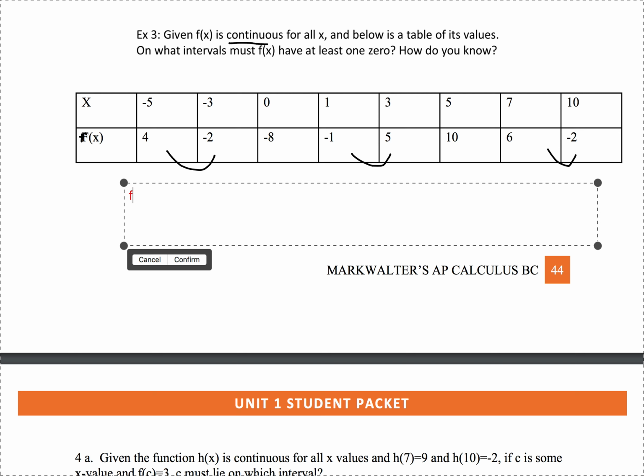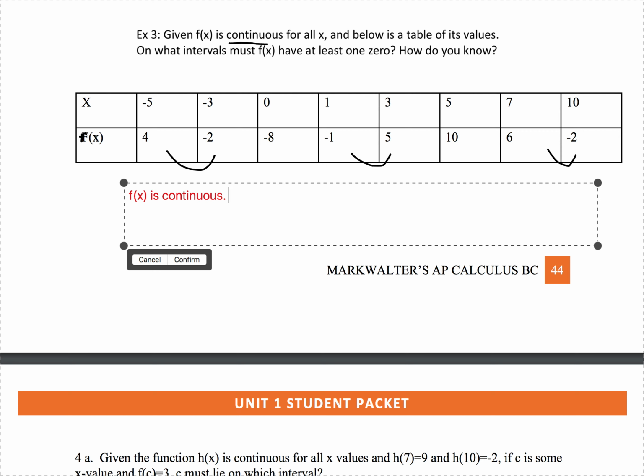All right, so we say f of x is continuous. And we can shift this one slightly. We could go ahead and do the exact same thing we did above and actually cite the individual values. Or we could say f of x is continuous.